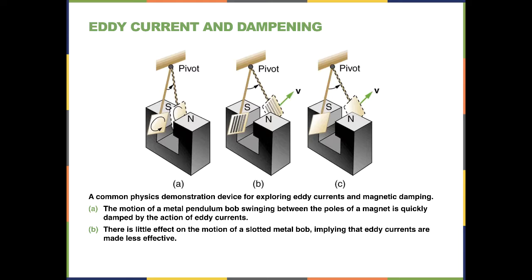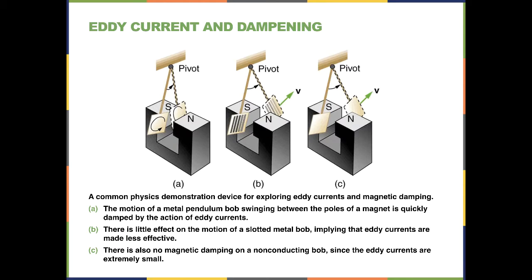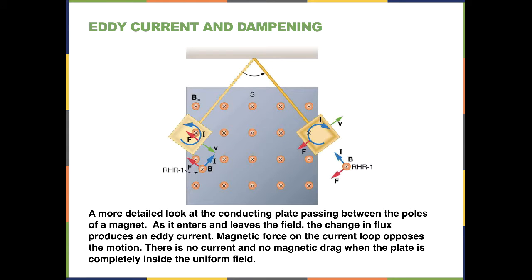Now if you look at B, it is slotted, and with the slots there is less effect. And lastly, C is a non-conductor, and non-conductors produce no eddy currents, and therefore there is almost no dampening at all. So let's take a close-up at what happens.